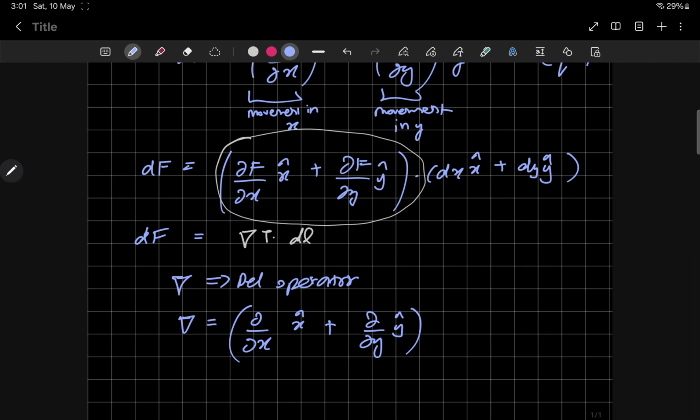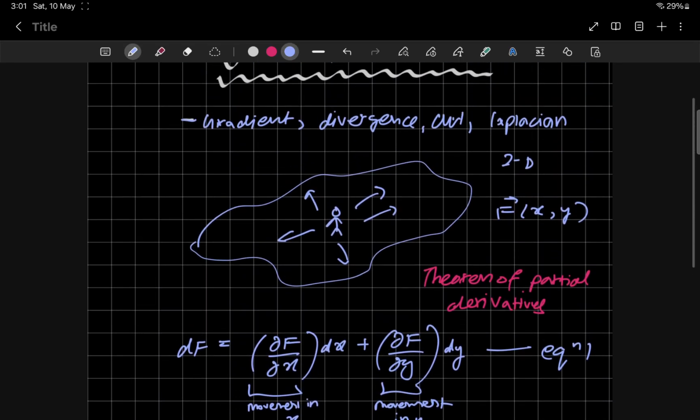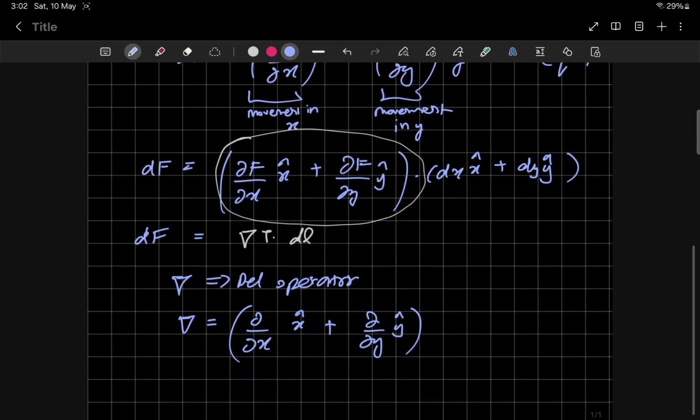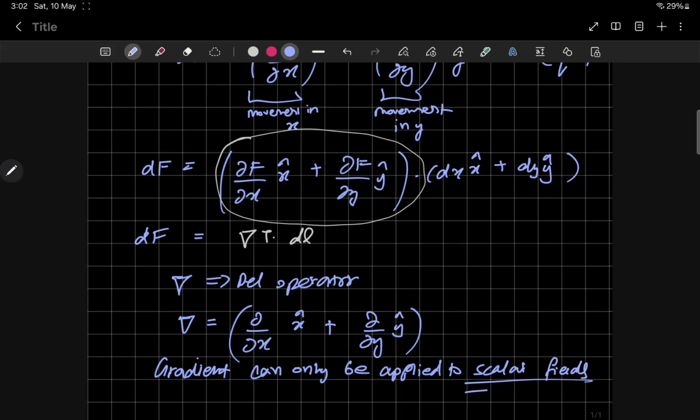Now there is another technicality here. I said my movement, and I should probably have started with a better example. Technically, gradient can only be applied to scalar fields, in the sense that my movement is a vector field because it has direction.